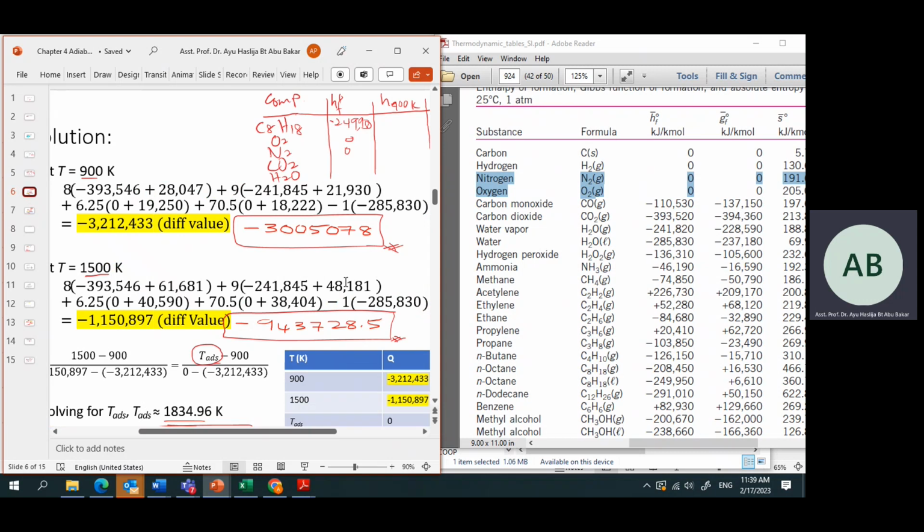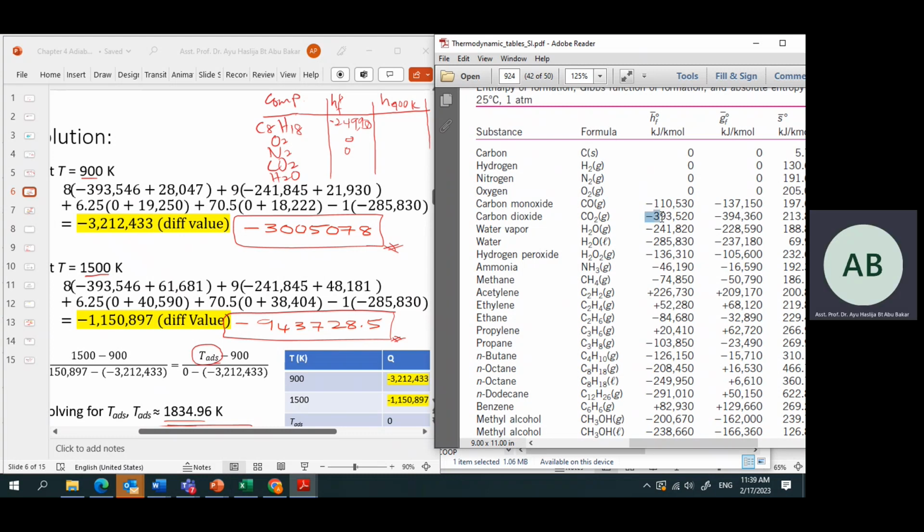You can give your own assumption. The final answer over here is based on water vapor. I assume the water is in vapor form.